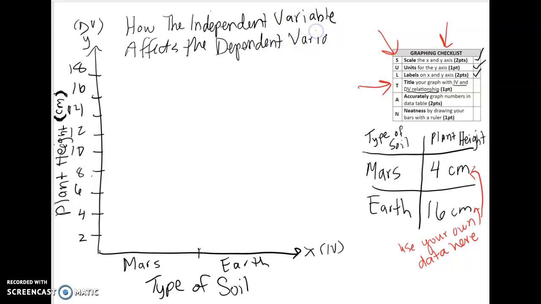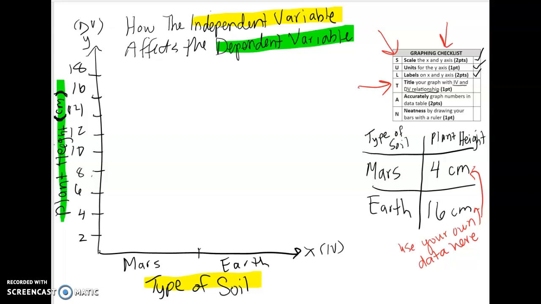So this is kind of a template I like to use. It just helps me write a good title every time. So I need to explain how the independent variable affects the dependent variable. My independent variable is my type of soil, and my dependent variable is my plant height.